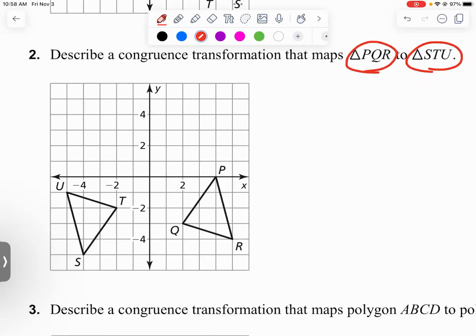Okay, so I have a question. How is this triangle oriented compared to this one? Is it oriented the same way? Is it turned 90 degrees? Is it upside down? It's upside down, which means what kind of rotation? Okay, so this means we need a rotation of 180 degrees, because there's more than one transformation.